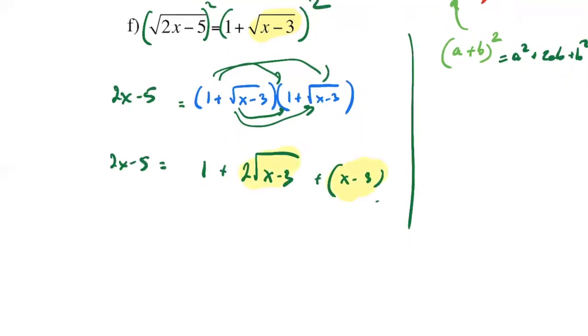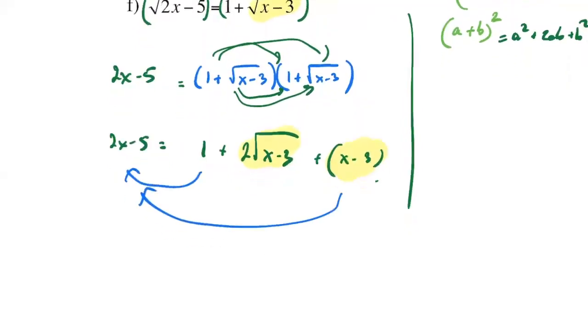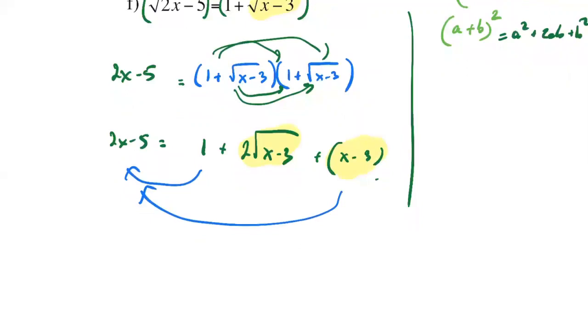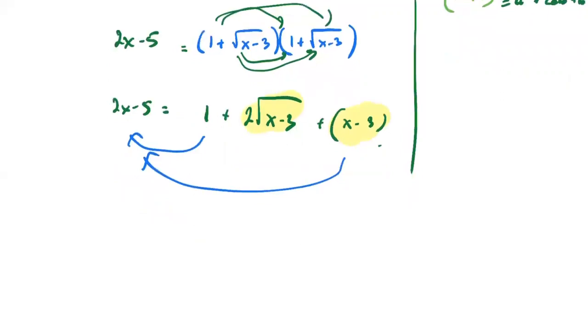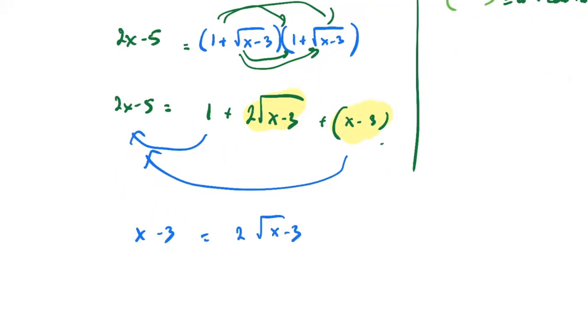Now you want to bring this over there. Don't divide by 2, because that might create some fractions. Instead, just leave it like that and square the entire thing. So I'm going to go ahead and do x minus 2, and then 2 times the square root of x minus 3, because 2x minus x is x, and 1 plus negative 3 is negative 2.